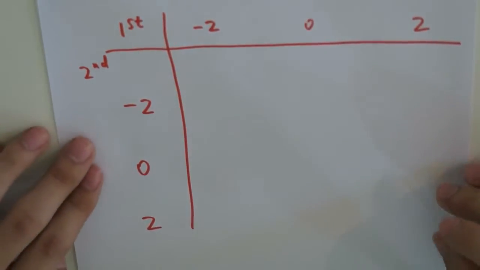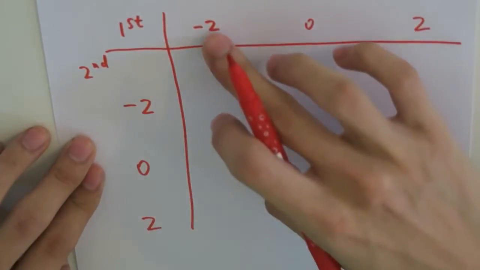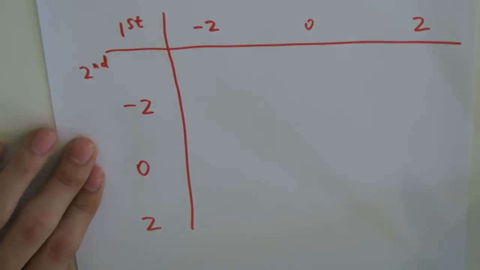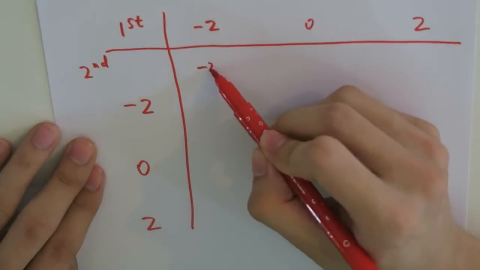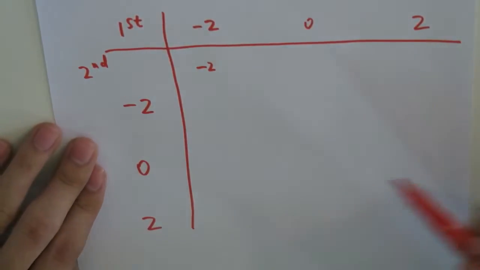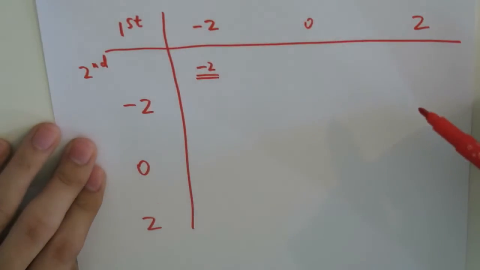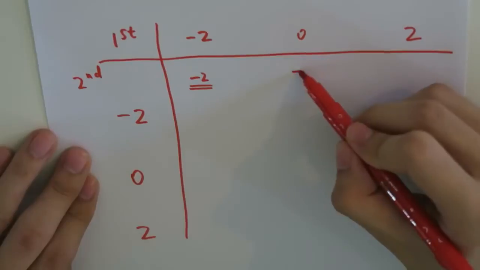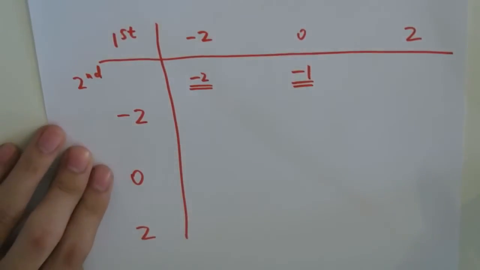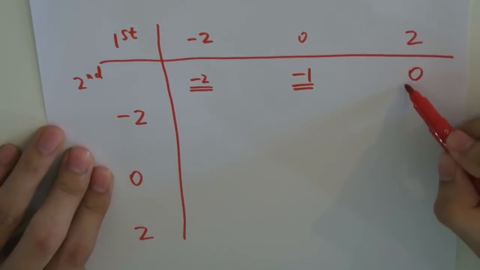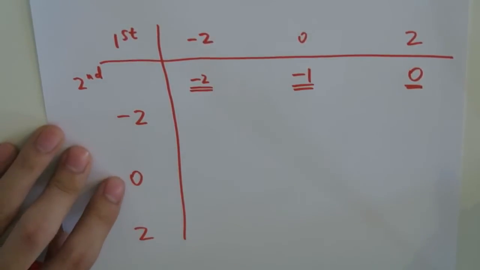Okay, so if our sample is -2 and -2, the sample mean will be -2, right? So this is a sample mean, and in this case, the sample mean will be -1. In this case, the sample mean will be 0, right?